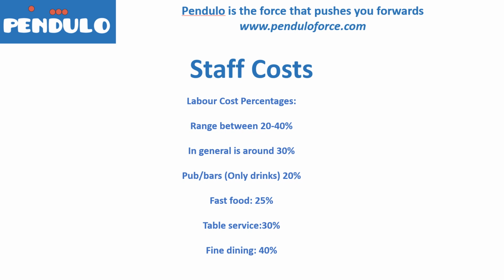Then in fast food, because a lot of the processes are standardized, their staff cost is also a bit reduced to 25%. Normal casual dining will be around 30%, and fine dining, because you want that extra level of service and that amazing experience, you really need staff to make it happen. So usually your staff costs are a bit higher and around 40%.